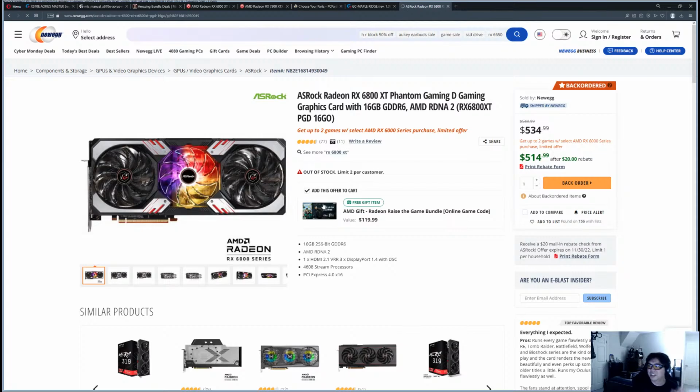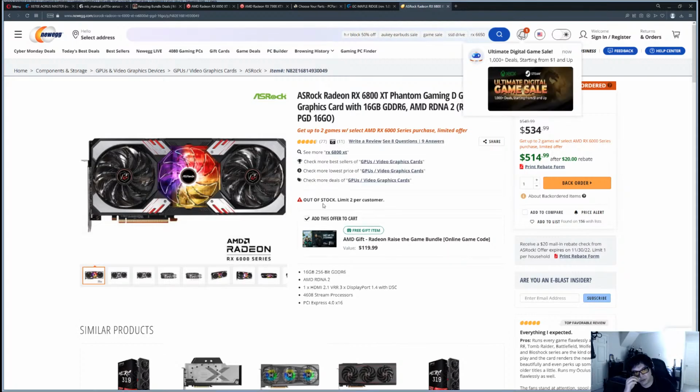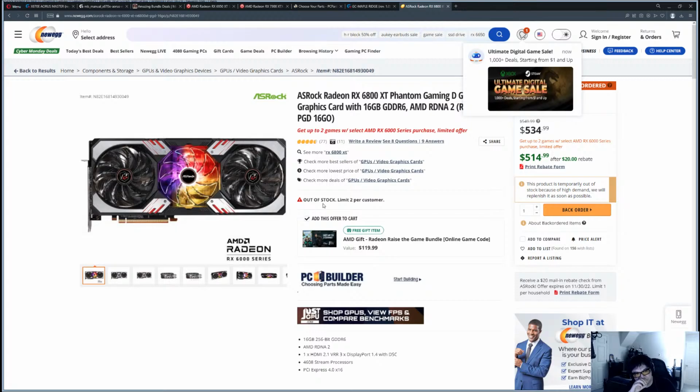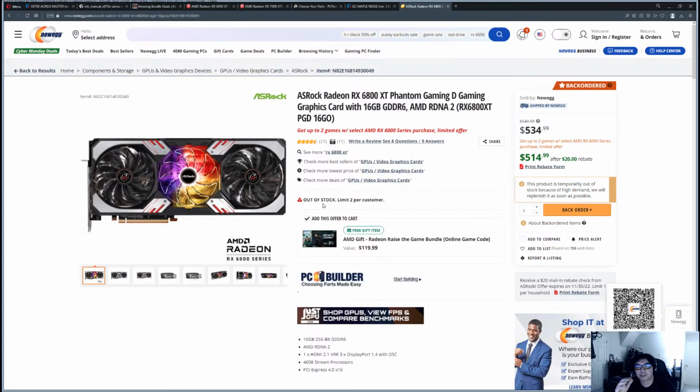When we talked about this, I had a friend recently who was looking at deals on GPUs, looking for an RTX 30 series, and I was telling him, you're doing it wrong. If you're looking at RTX 30 series for a Black Friday deal, there aren't any. There just aren't any. But if you're open to getting Team Red, there's a ton of good deals.